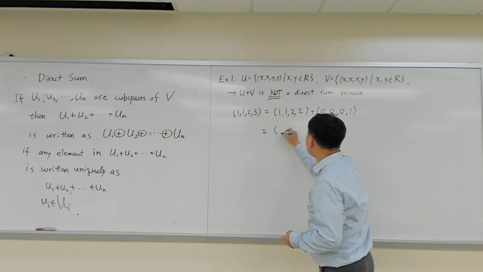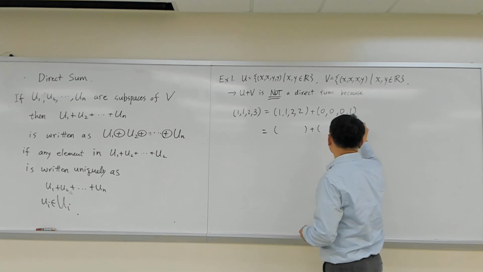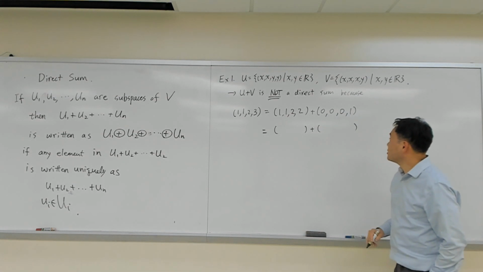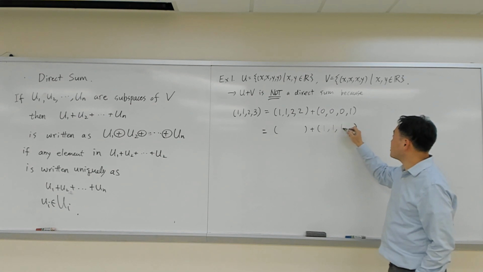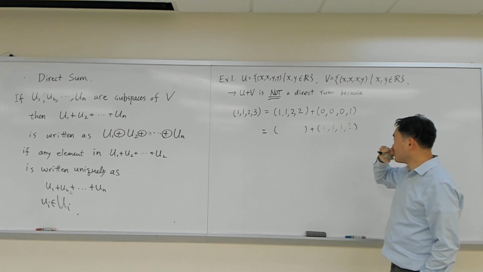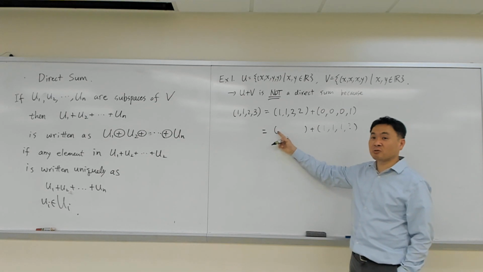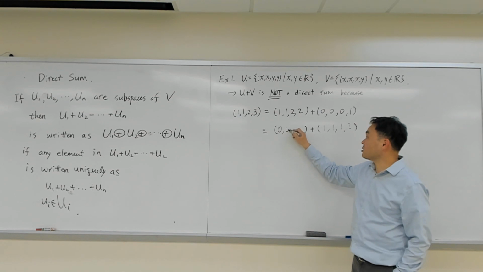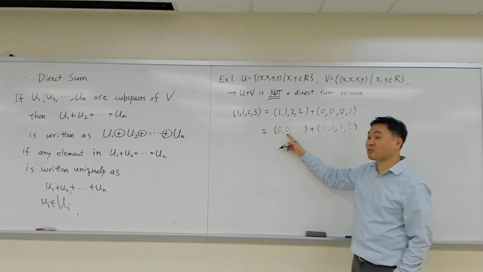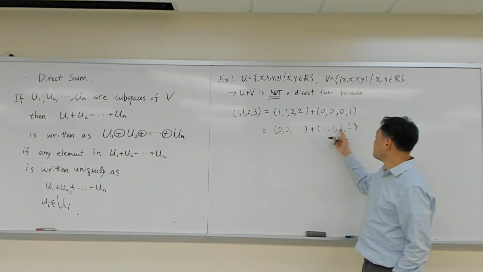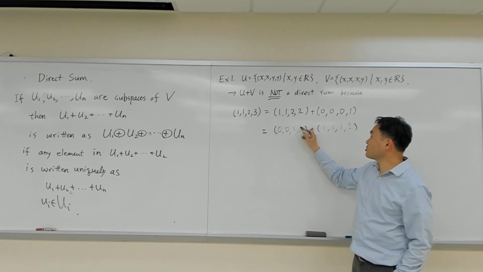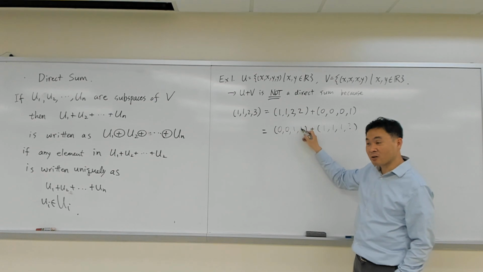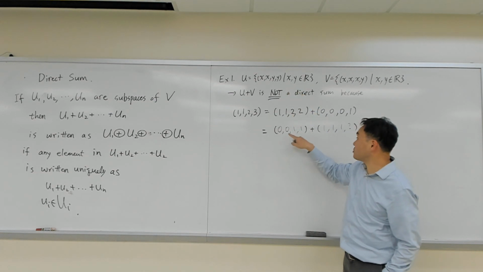There's another way to choose this. What if I choose (1, 1, 1, something) for U? In this case, what should I choose for V? (0, 0, ...), right? If I choose 0, this has to be 0. Now 1 plus what is 2? 1. So this must be 1. In order for this to be in V, it must be (0, 0, 1, 1).